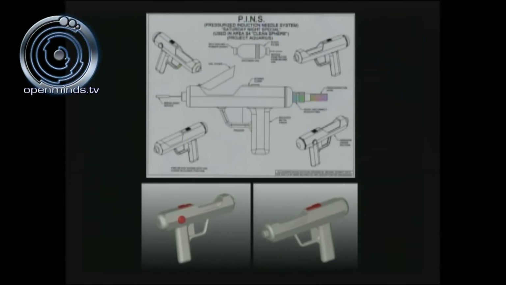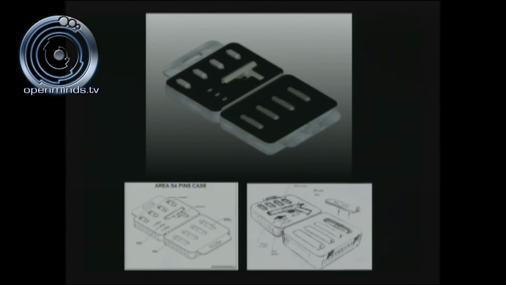And one way they did that is to use this pressure-induced needle system that Dr. Dan Burisch personally told me was very small. He called it a Saturday night special. And it had a pneumatically actuated hose off the aft end of the pins device. There was a small cartridge that was loaded right inside the shaft here, and you could take the tissue samples that was sent up to the analysis department. So that's how they did that.